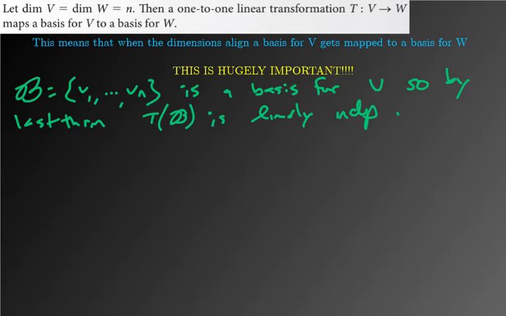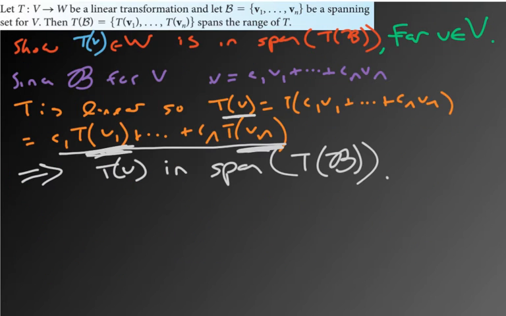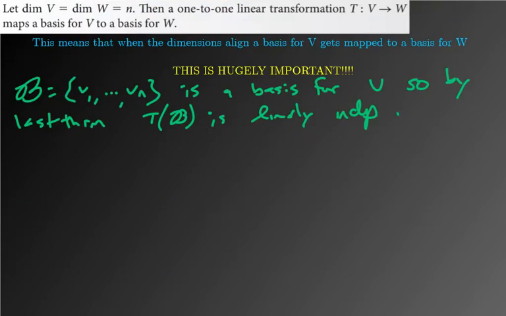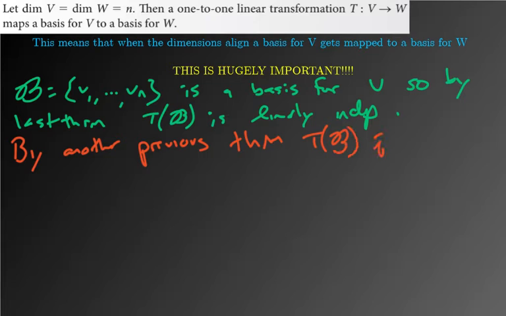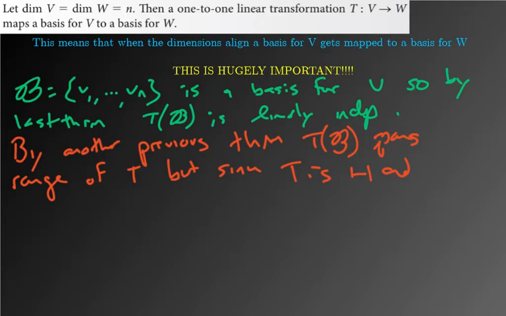And that utilizes two things, I guess. By this theorem, T of B will span the range of T. By another previous theorem, since T is one-to-one and linear, we know T is also onto.